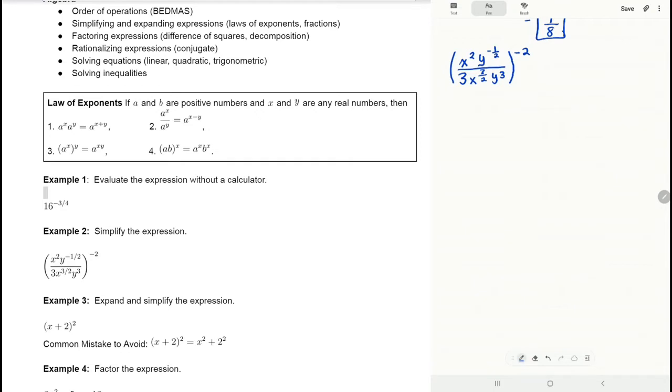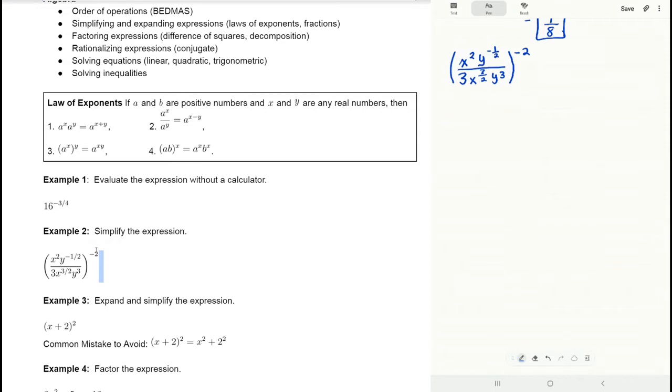Okay, so there's many different ways to simplify this expression.